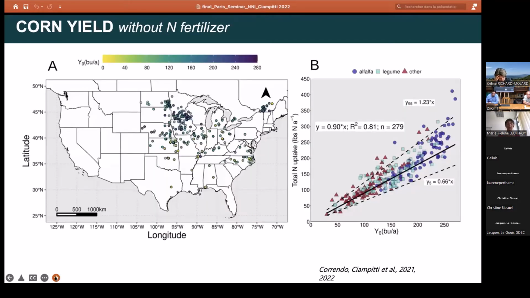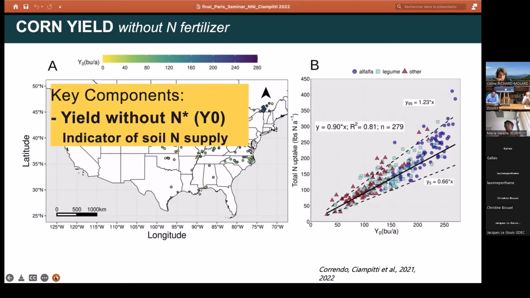So this is what we put together. These are all the studies that we collected for maize, and if you look at all the studies that have no fertilization, what we call the check plots, here is a relationship between the uptake of the plant and the yields without nitrogen. And if you look at that relationship, basically it tells you that in many situations, soil N supply is a big factor.